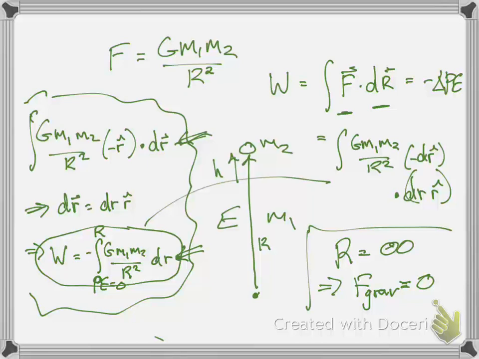Because also, the discussion we just had about bound states: the only time that m2 is not going to be bound to m1 by gravity is when it's infinitely far away. So we'd like the potential energy to always be negative, and the potential energy will always be negative if we make potential energy equals 0 at infinity.